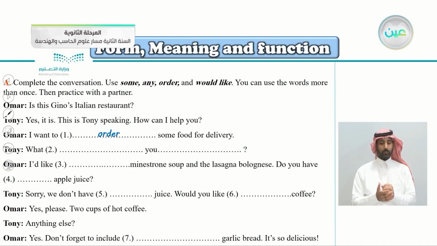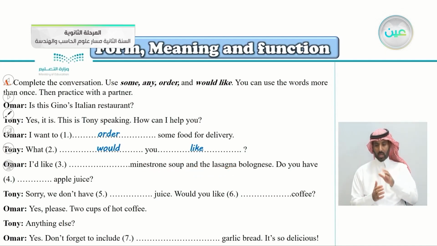So we have two gaps here. What would you like? So you here is in the middle between would and like. I'd like, so I'd like what here, number 3? I'd like minestrone soup and the lasagna bolognese.